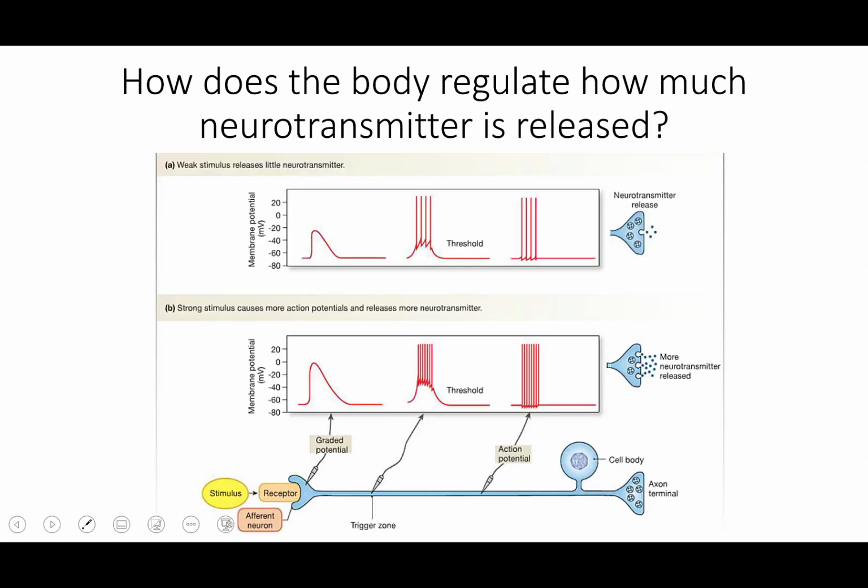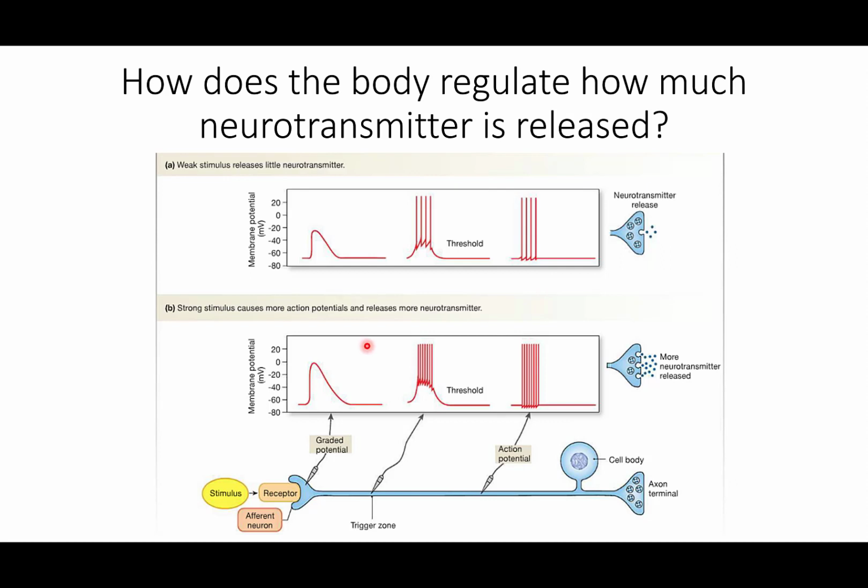To answer that, we have to look at the frequency of the action potentials and how that correlates with neurotransmitter release. And what we see is when we have a suprathreshold graded potential that then triggers an action potential, for each action potential there's a small amount of neurotransmitters.